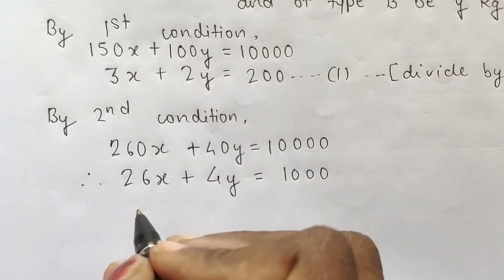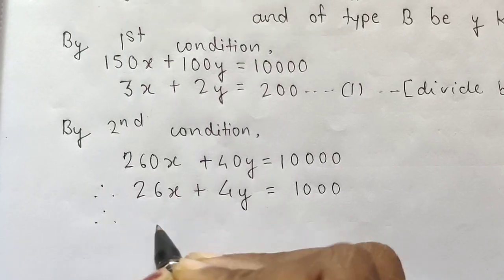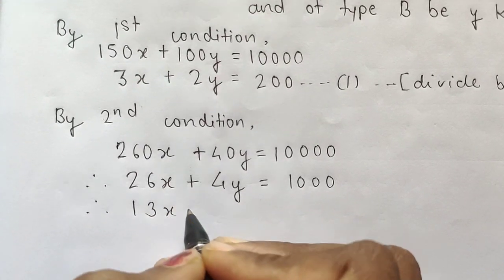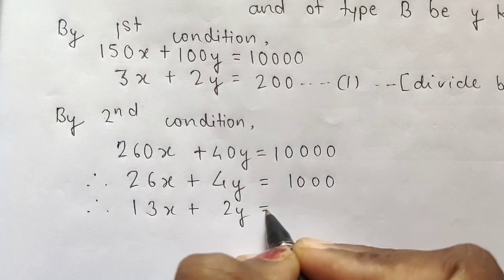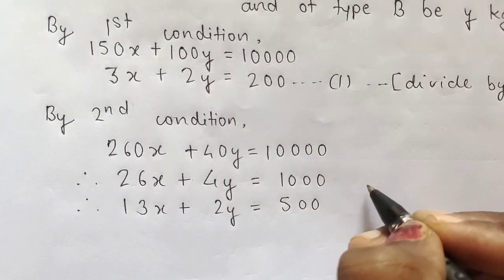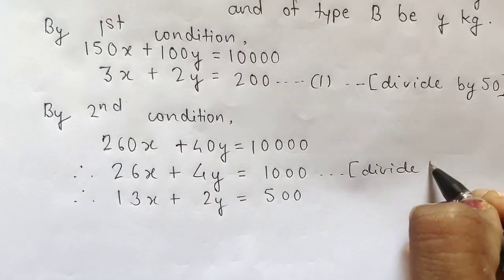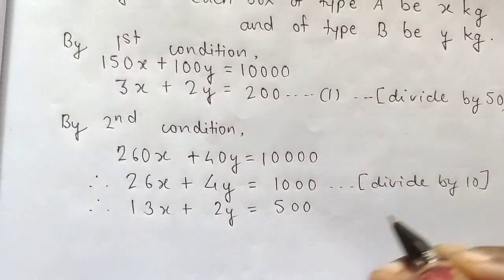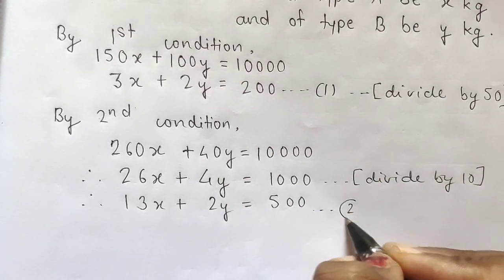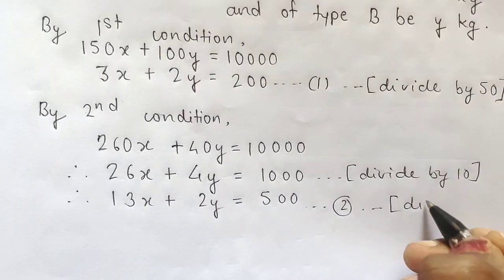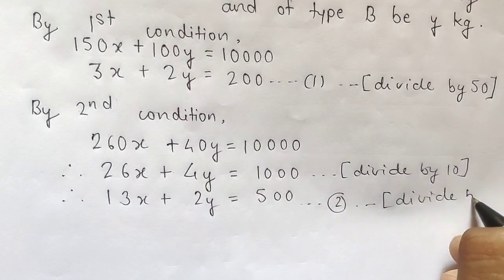So let us do that also. Divide by 2. So 2 1s are 2, 2 3s are 6, this is 2 2s are 4, this is 2 5s are 10, and 2 0s. So here what we did, divide by 10. Now let us call this equation number 2, and in this case we have divided by what? 2.